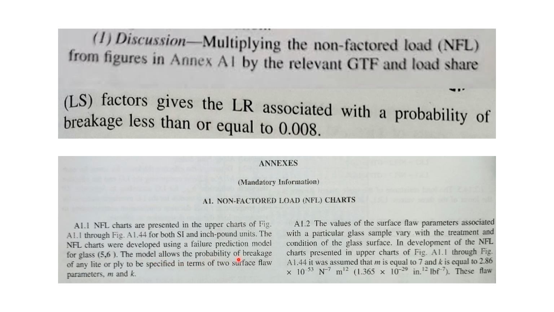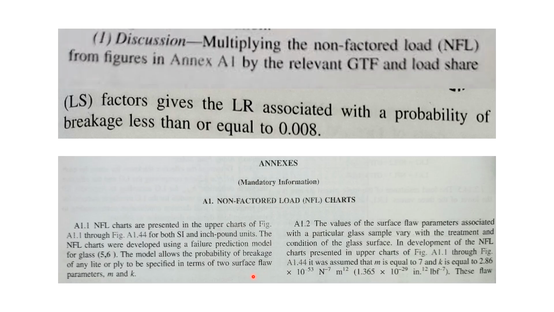These were developed using a failure prediction model for glass. The model allows the probability of breakage of any light or ply to be specified in terms of 2 surface flaw parameters, M and K. See this 5 and the 6? We're going to talk about that in a minute.